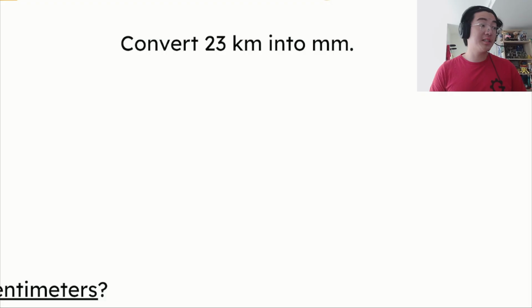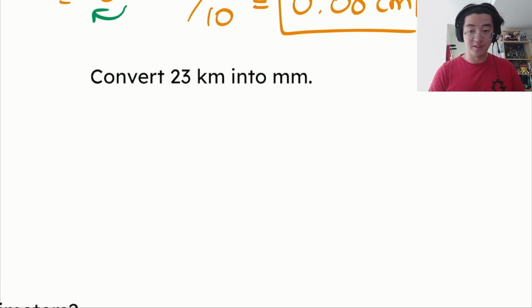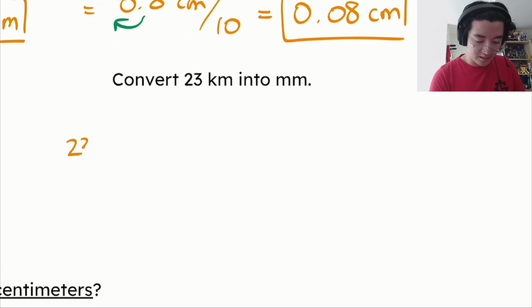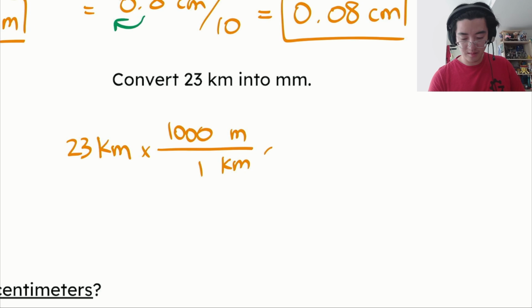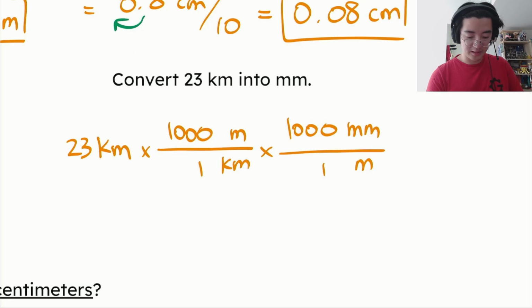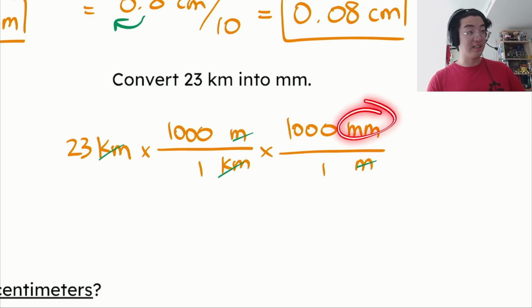Okay, how about this? Kilometers and millimeters. We do not have a direct conversion, but we can always just convert it twice. You can do kilometers into meters first, 1 and 1,000, and then meters into millimeters. Because we can cancel, cancel, and then cancel, cancel. So we are left with millimeters at the end.